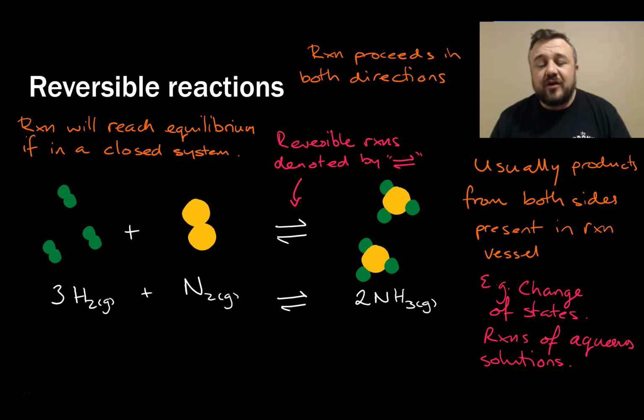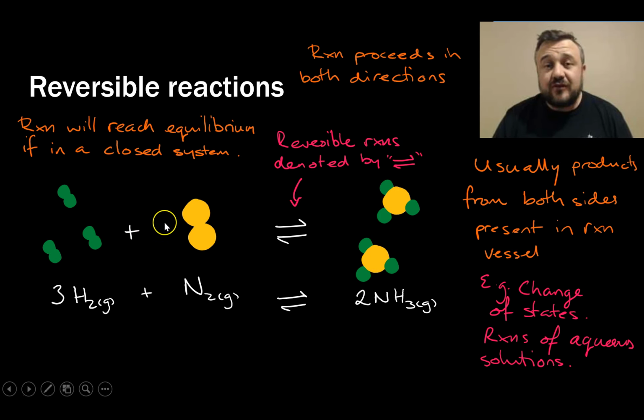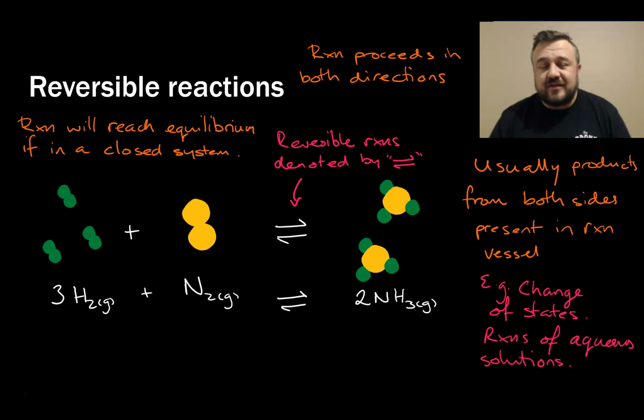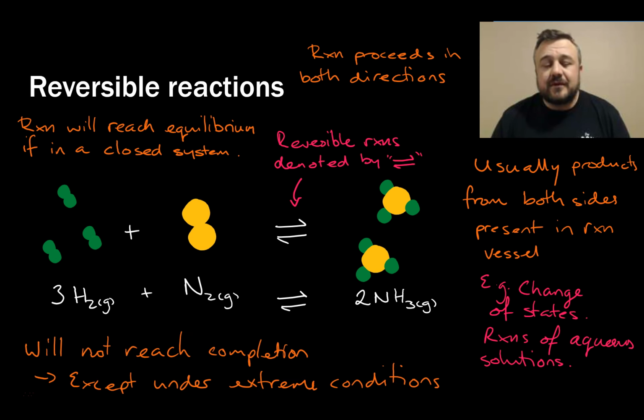So usually products from both sides are present in the reaction vessel. In other words, we have products from the forward reaction and products from the reverse reaction. And we'll have these present, especially in a closed system, for a reversible reaction. Now, this will not reach completion except under extreme conditions.